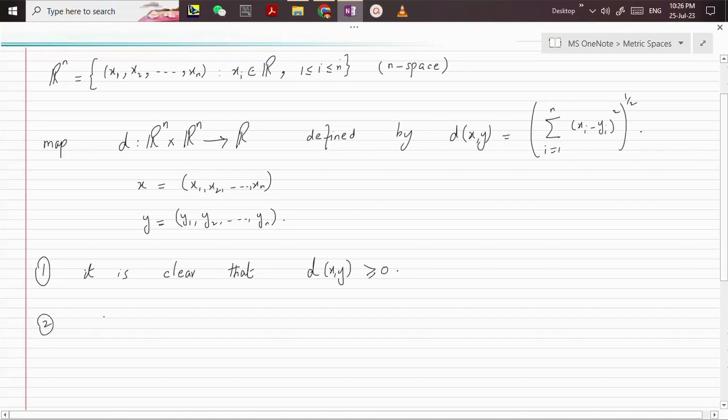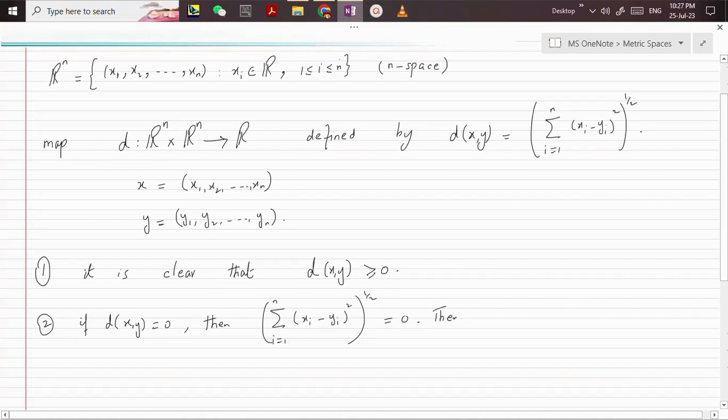Number 2, we shall prove that d of x, y is 0 if and only if x is equal to y. So if d of x, y is 0, then the summation i from 1 to n of (xi minus yi) whole square, whole power 1 by 2, is equal to 0.